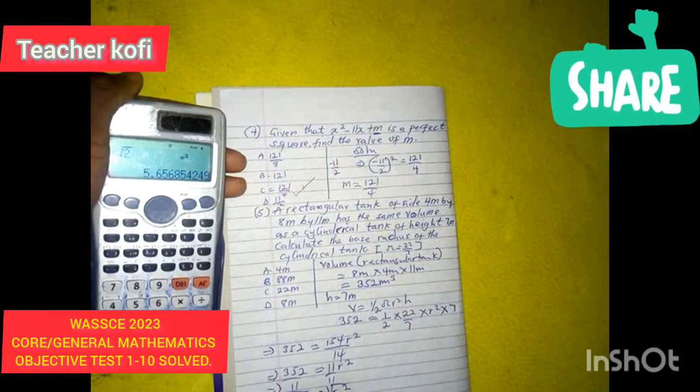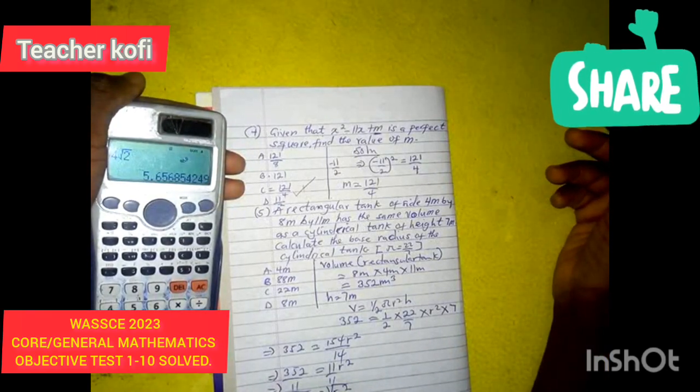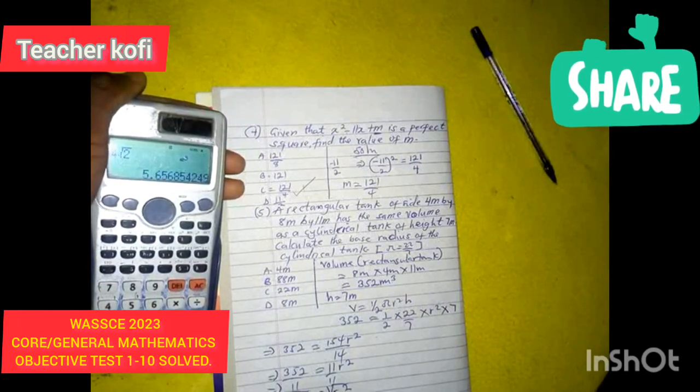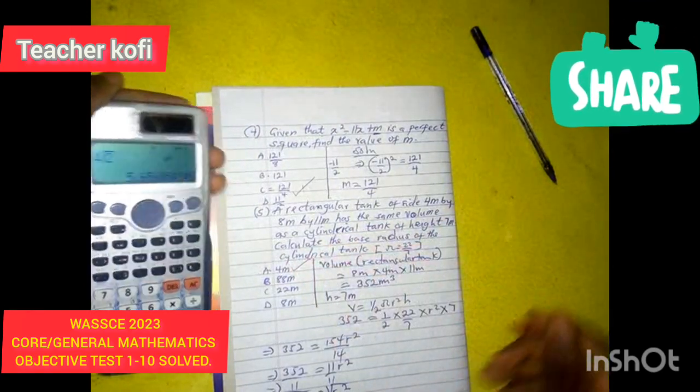I'm still trying to find the reason why, or whether they eliminated the square root and used the 4 or what. But the only option available is 4. So now the correct answer for number 5 is A.